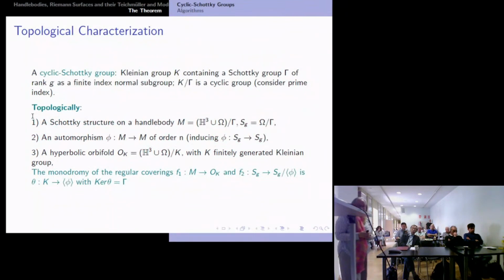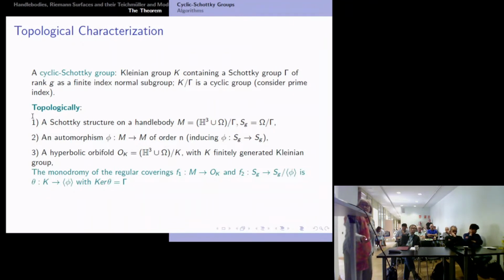Okay, so again, topologically, if we want a cyclic group, we need these automorphisms of prime order, I said, of the handlebody, which also induce the automorphisms of prime order of the Riemann surface, which is the boundary.